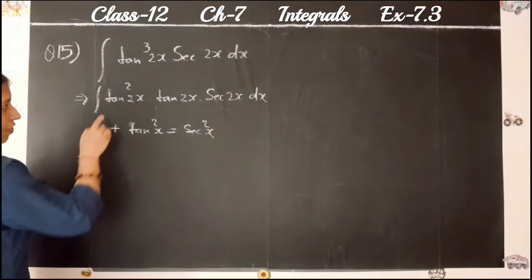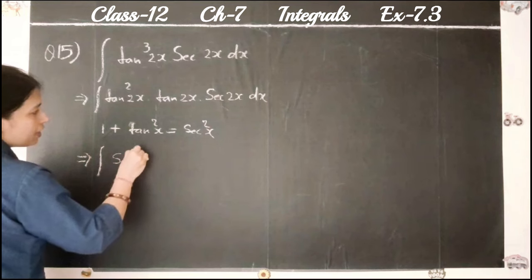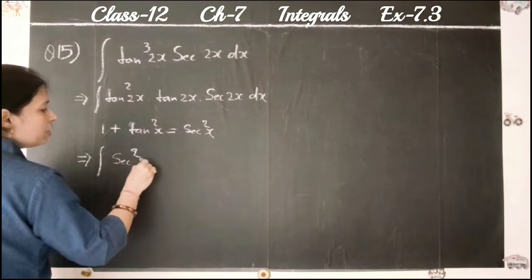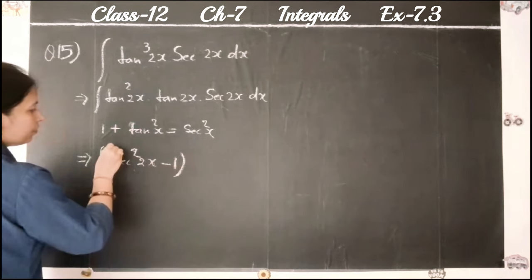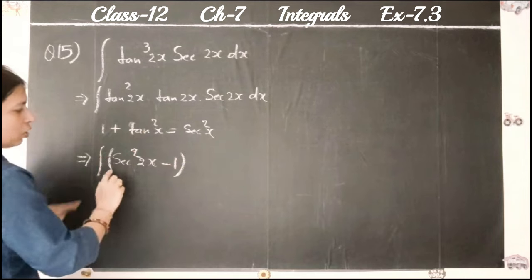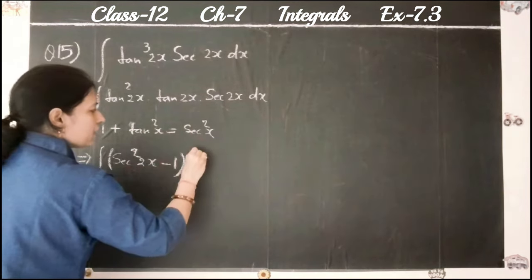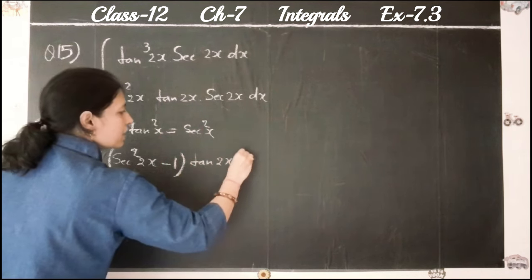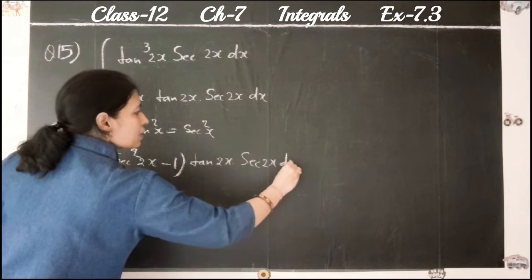So in place of tan square x we can write sec square x. Here in place of x it is given 2x, so it will be sec square 2x minus 1. In place of tan square 2x we can write sec square 2x minus 1, and write this as it is, tan 2x into sec 2x dx.